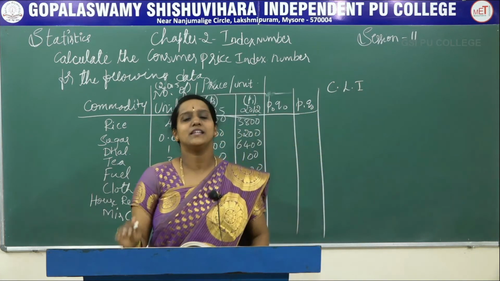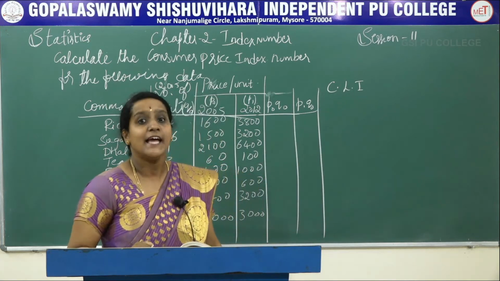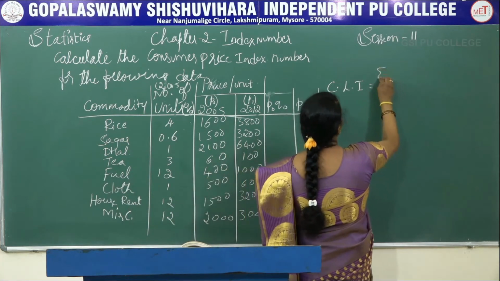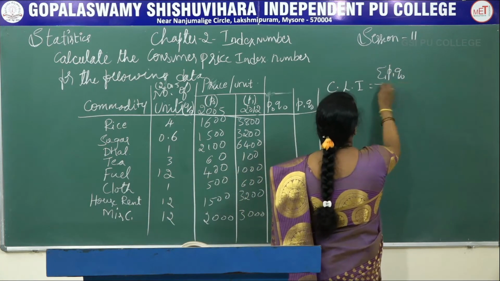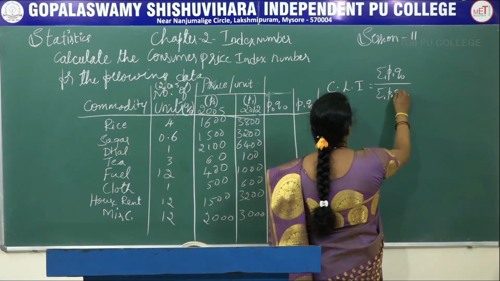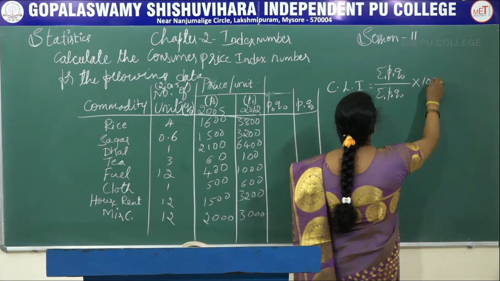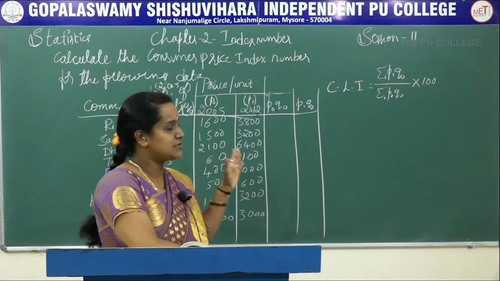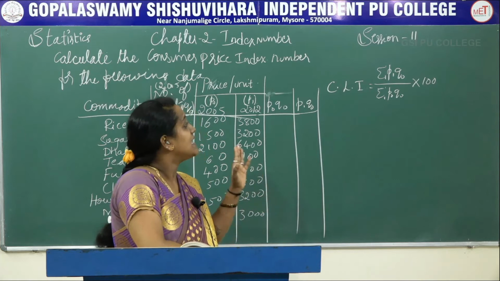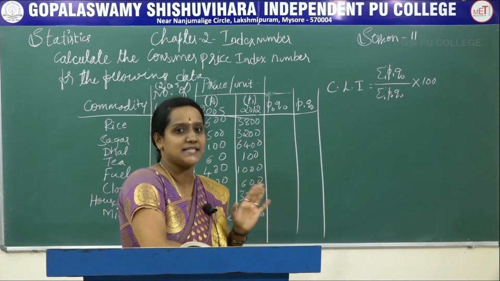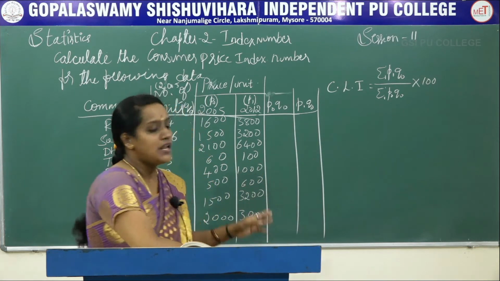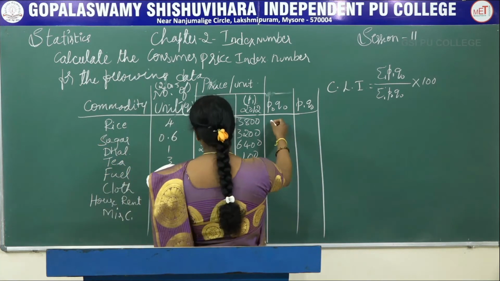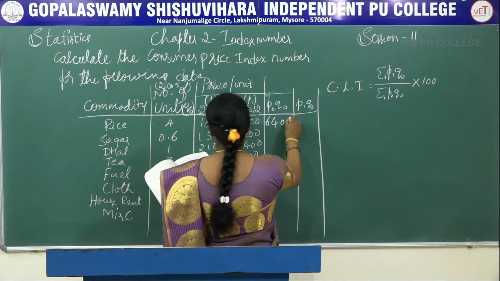Consumer price index number is the same as cost of living index number, and the formula for this is summation of P1 Q naught by summation of P naught Q naught into 100. You just see the formula. The formula we have written for the consumer cost of living index number is the same as the Laspeyres price index number formula. So now we have to find P naught Q naught and P1 Q naught with their summations.